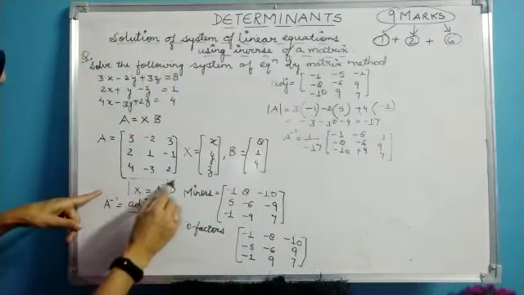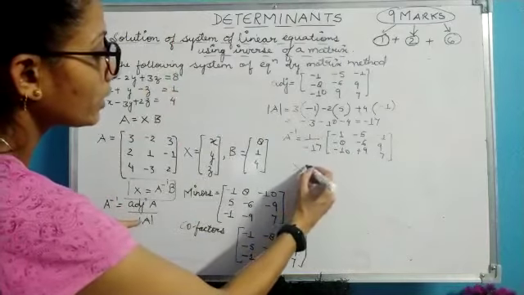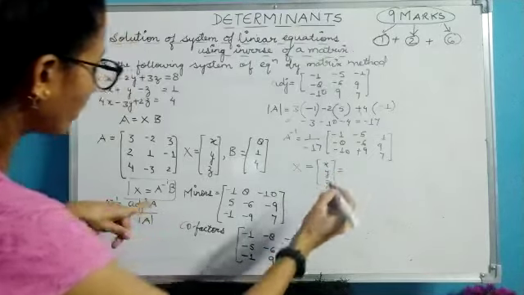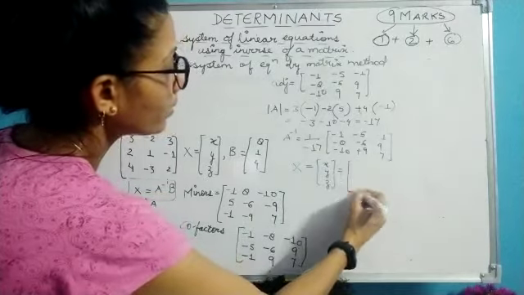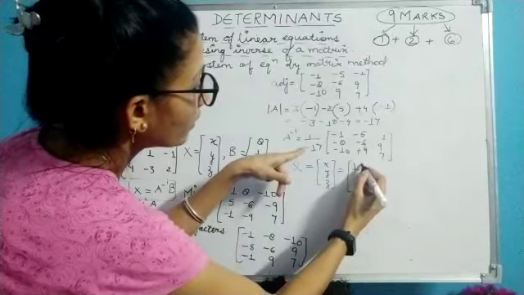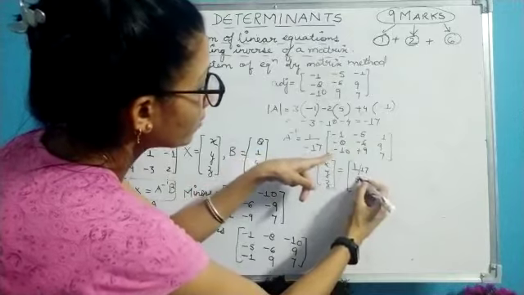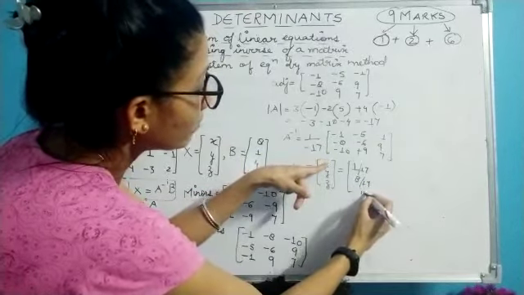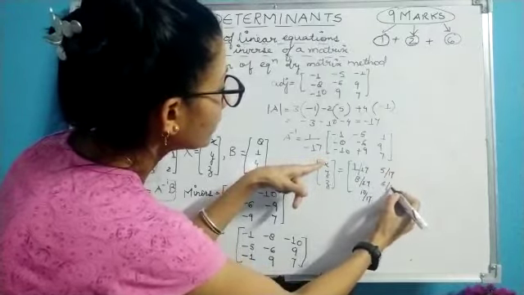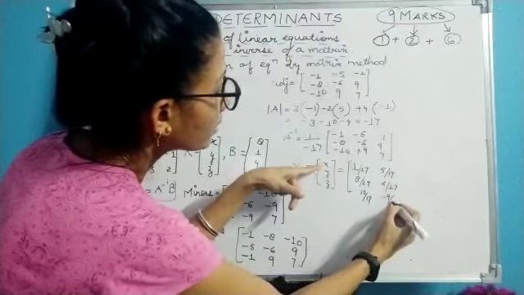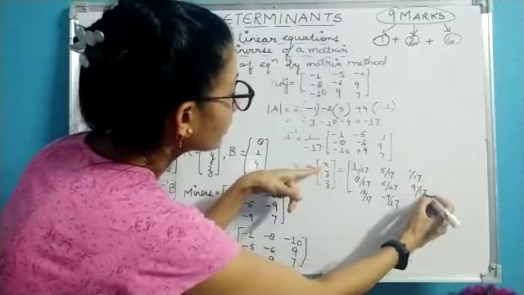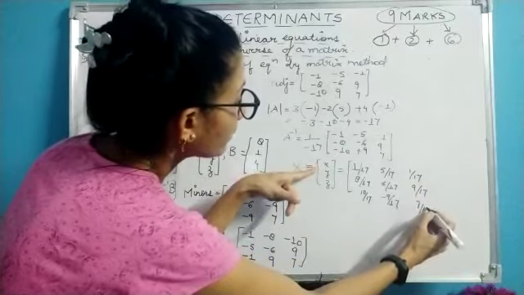Now where do I have to put it? I have to put it here. So this is X equal to, X means x, y, z, equal to A inverse into B. So my A inverse is, if I am writing it like this, then it is not wrong, 1 upon 17, 8 by 17, 10 by 17, then again it is 5 by 17, 6 by 17, 9 by 17, 1 by 17, 9 by 17, and it is 7 by 17.